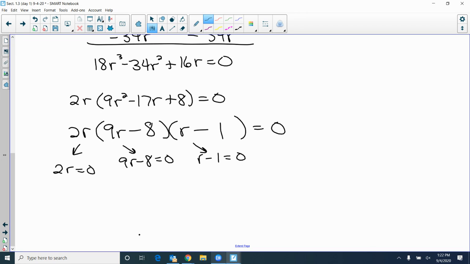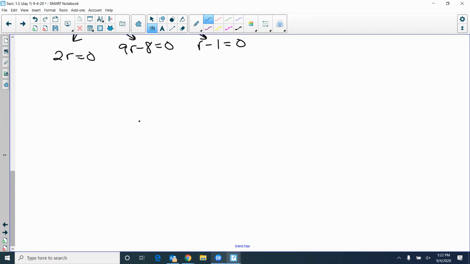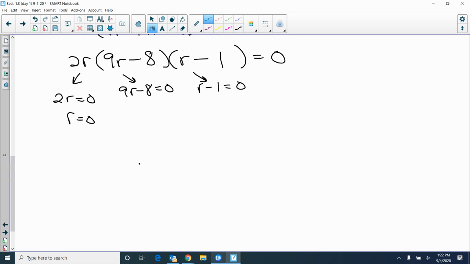r minus 1 equals 0. And when I simplify, I get r equals 0. I get add 8, divide by 9, I get 8/9, and I get 1. So my answers are 0, 8/9, and 1.